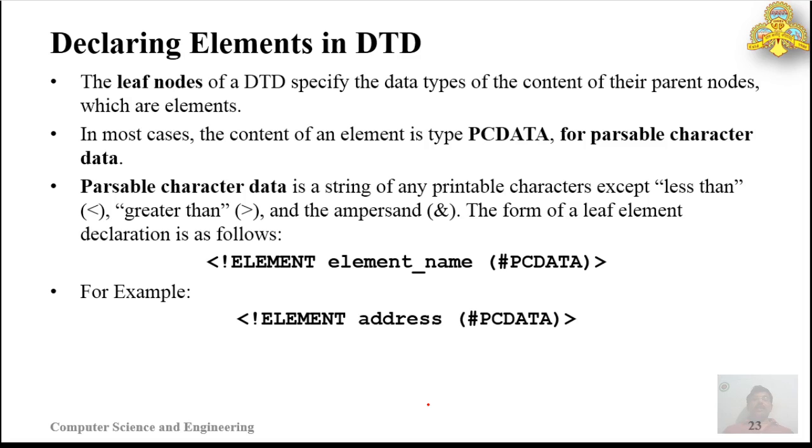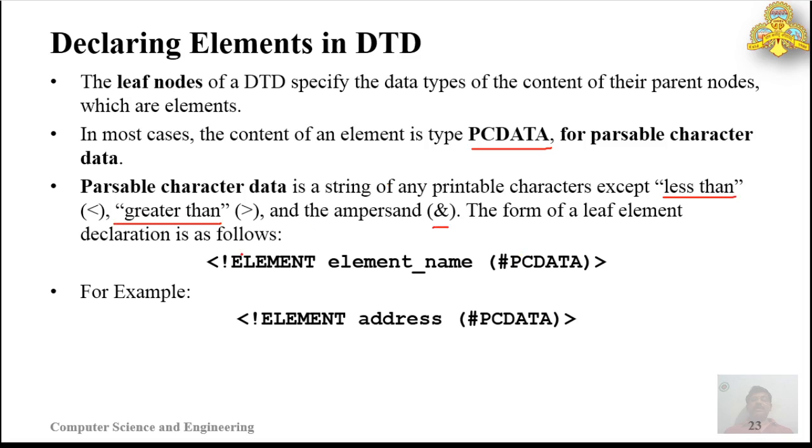If you are declaring a leaf node, we must specify the type of the character, and usually it is PCDATA, that is parsable character data. Parsable character data can be any string information except the less than symbol, greater than symbol and ampersand symbol.